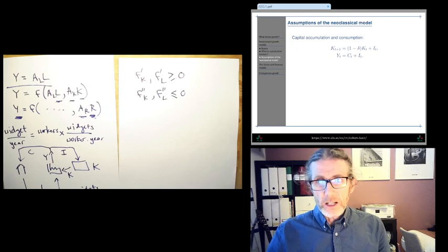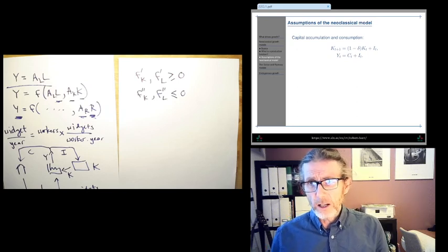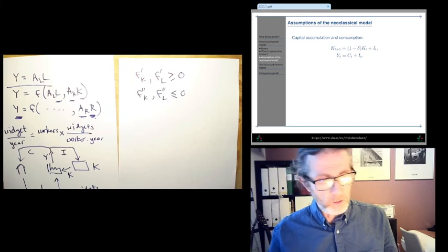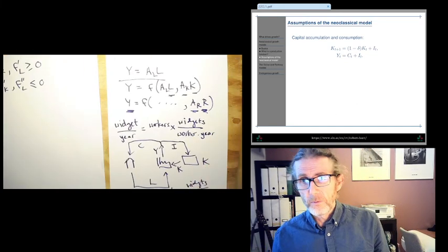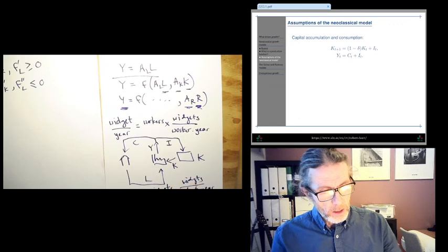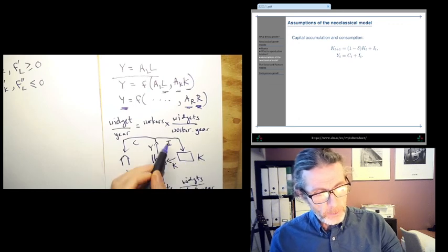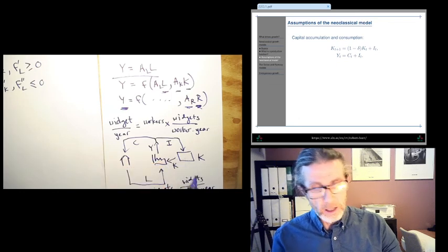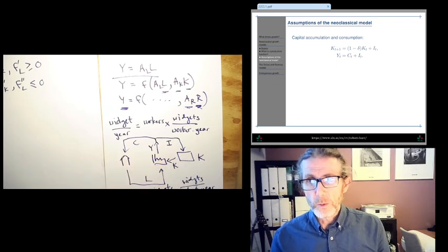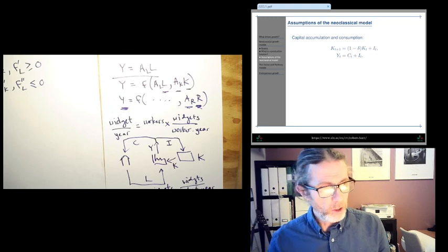So that's technology. What about capital accumulation and consumption? Well, that's the picture I showed you just now. Here we have capital, it's being boosted by investment, but at the same time, we lose some each period through depreciation.